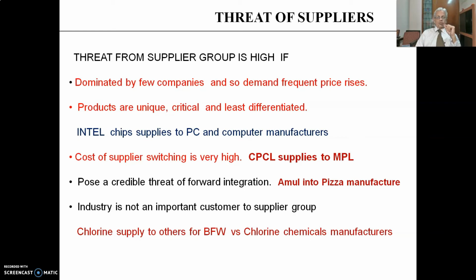Obviously it passes through a cycle. So whenever chlorine production comes down or is reduced, the first people who are affected are the other consumers and not the chlorine chemical manufacturers.